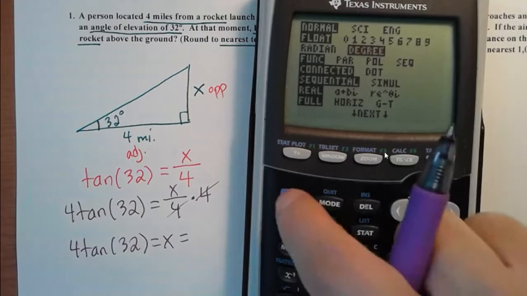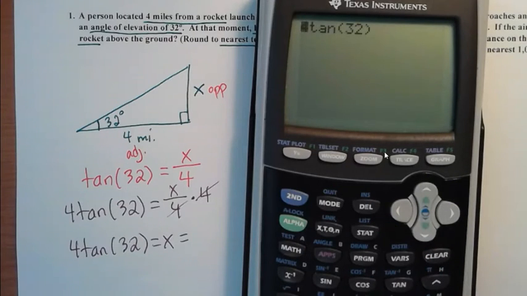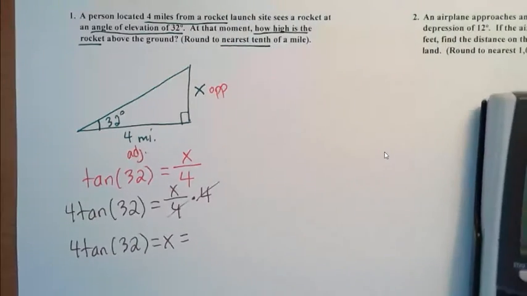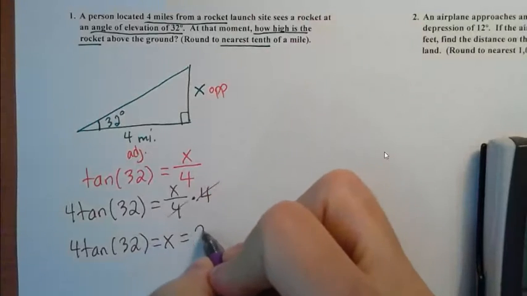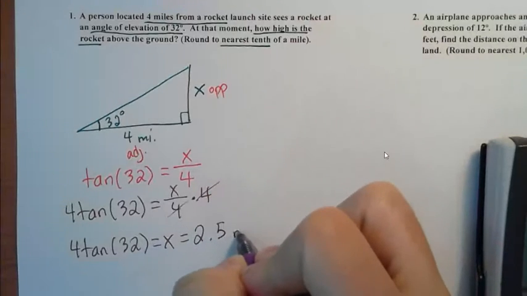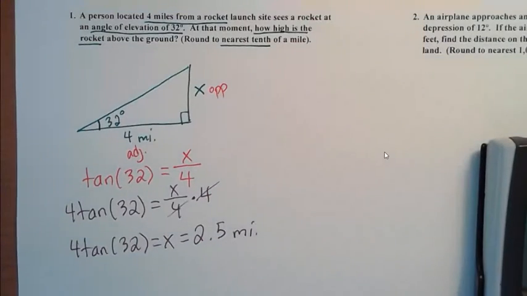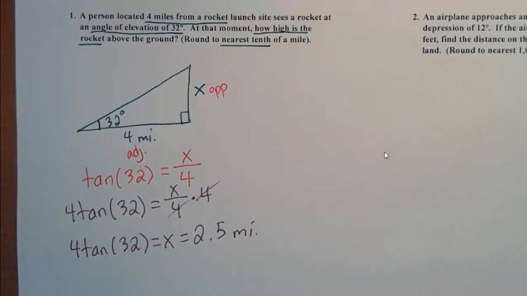So make sure you do that before trying any of these problems on your own. So 4 tangent of 32 would be 2.499. Rounded to the nearest tenth, that would mean that we have an answer of 2.5. And this is in miles. And that completes word problem number 1. And we can continue on with our practice into problem number 2 now.